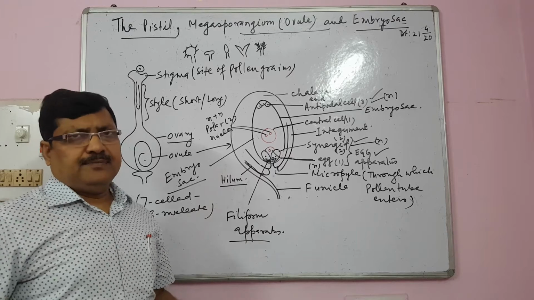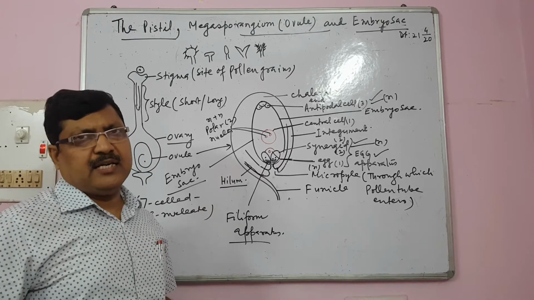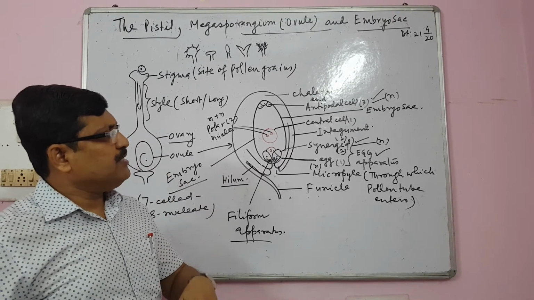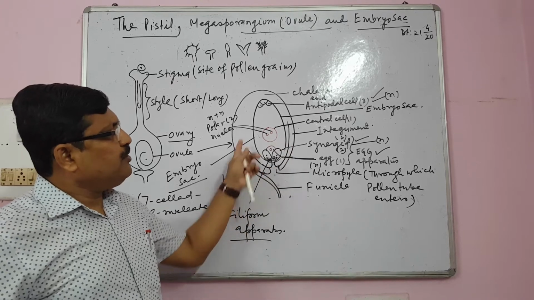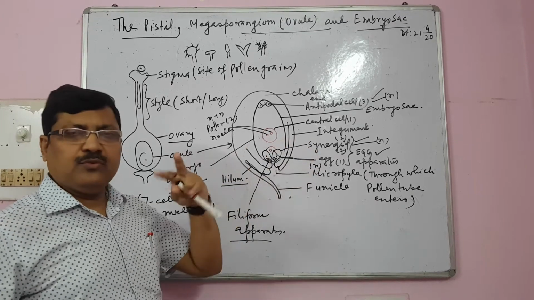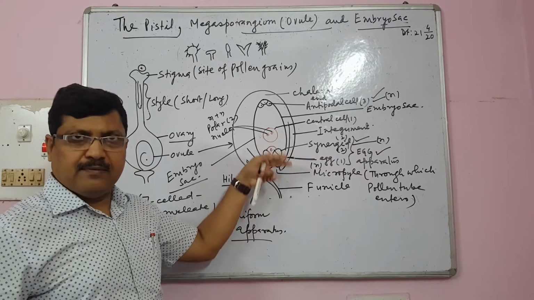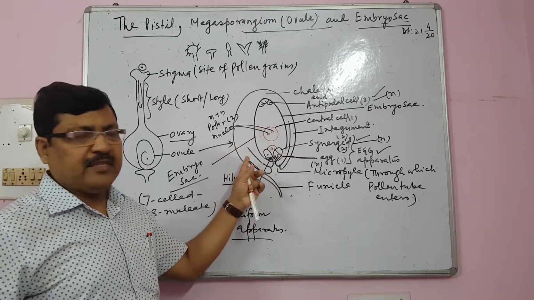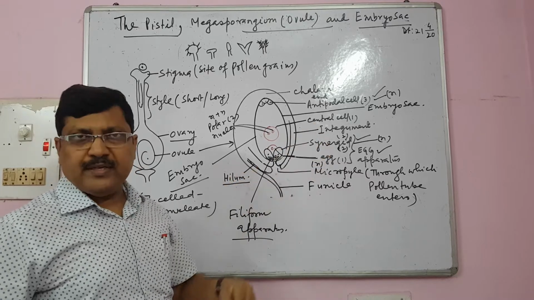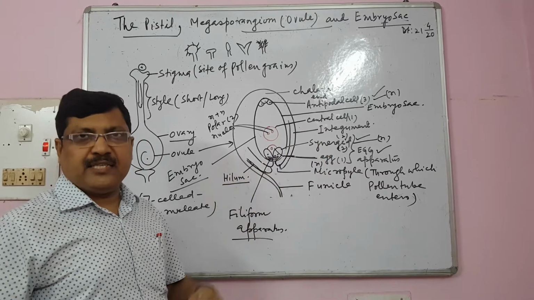But before the discussion of the Megasporogenesis, there is one point left here: this ovule has 2 layered protecting covering, that is called integument. So this ovule is bitegmic.